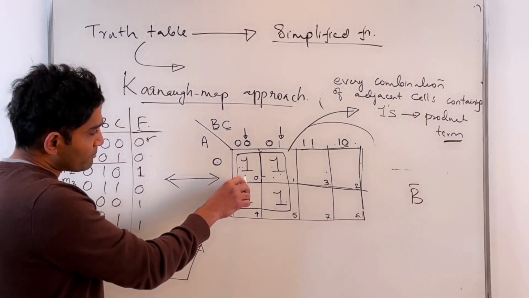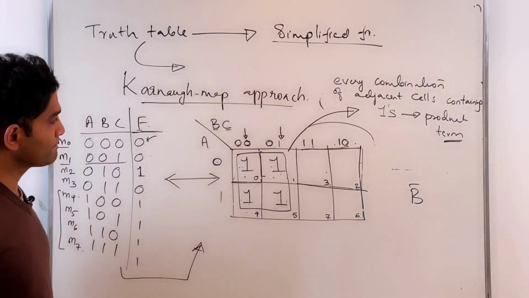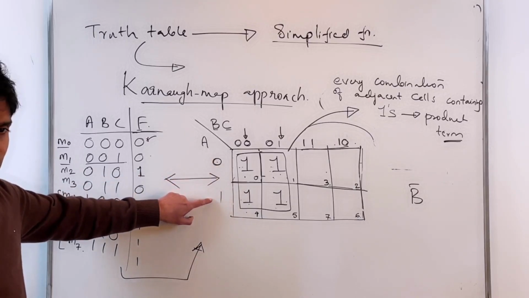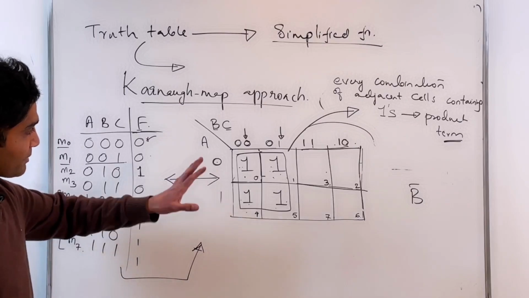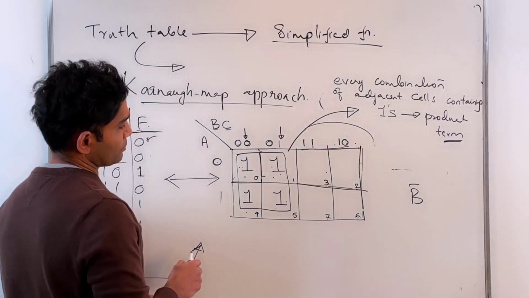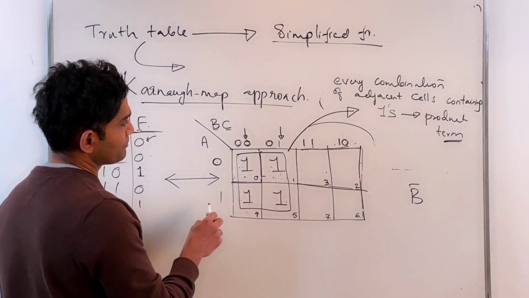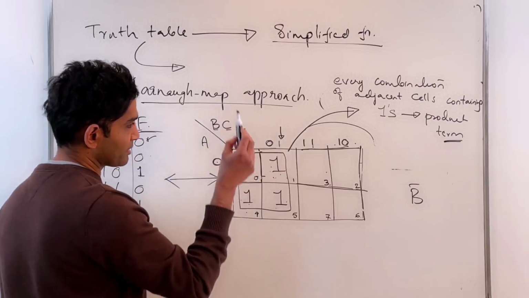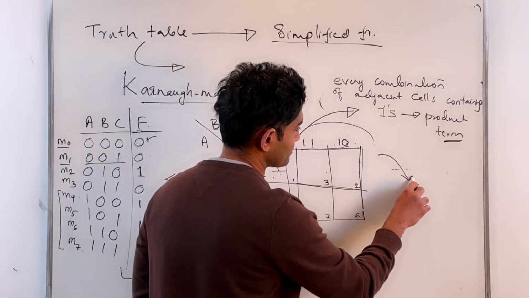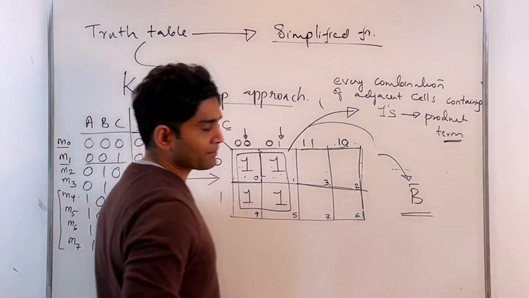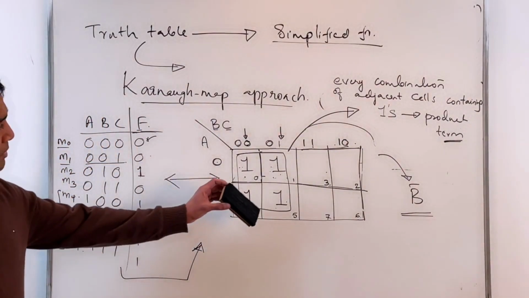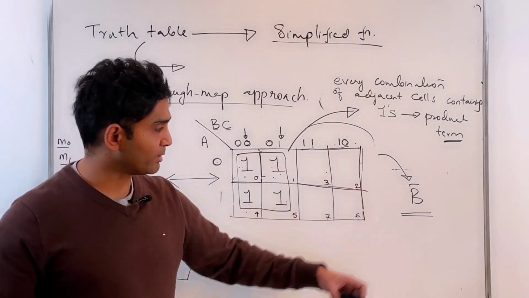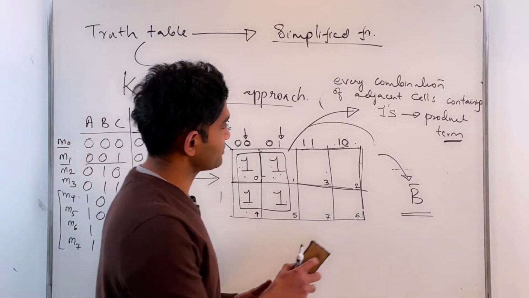When I go from this cell to this cell, my A changes from 0 to 1, so that's eliminated. When I go from this cell to this cell, my C changes. So basically my product term consists of a single variable, B prime. So the product term that corresponds to this 4-cell combination would be basically B prime, and that's it.